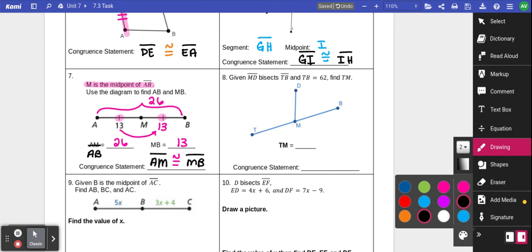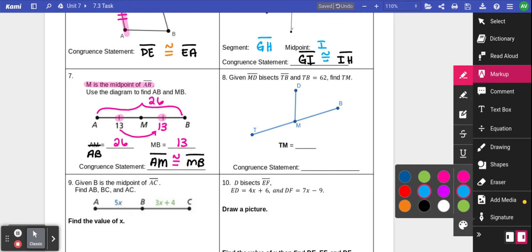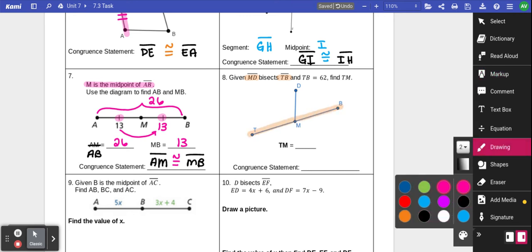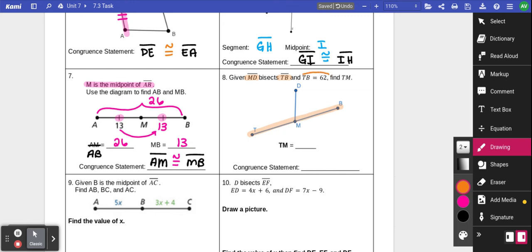In the next question, it says, given that MD bisects TB. So MD is cutting TB in half. It also tells me that the length of TB is 62. Then I'm trying to find TM.